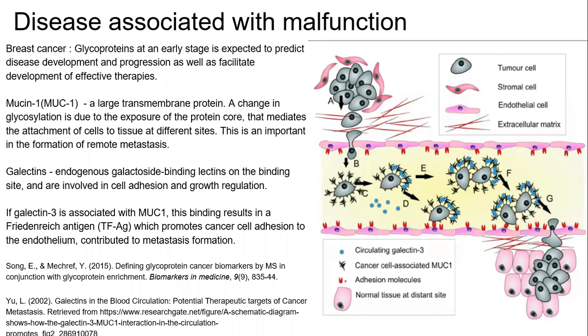One such disease is breast cancer. So, breast cancer glycoproteins at an early stage are predicted to predict disease development and progression. As well, they could facilitate the development of effective therapies.